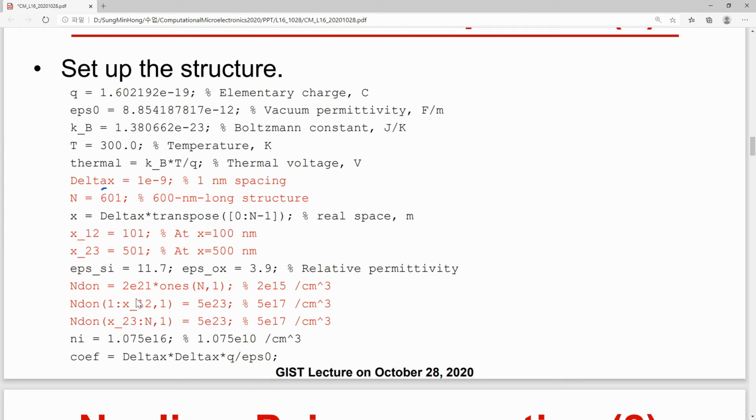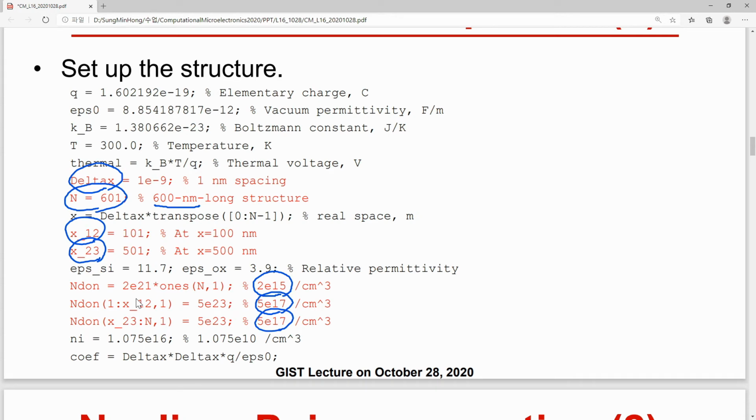Here we have delta x, and we have about 600 points, because we are now talking about 600 nanometer long structures, and these 2 points are just introduced to identify the doping boundary. And here you can see the lowly doped region and the highly doped regions.